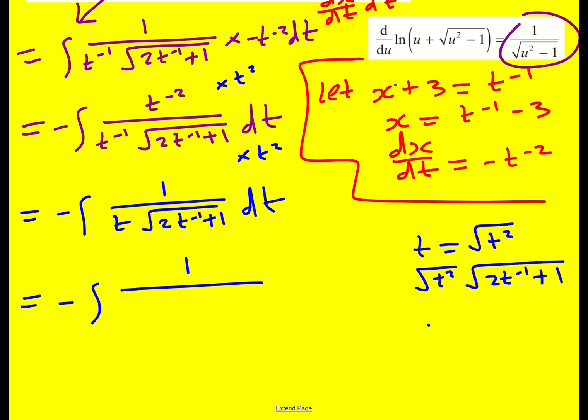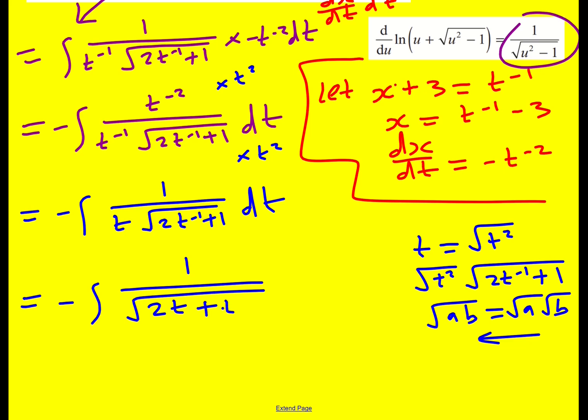And I can bring these two together because root AB is root A root B. So that's going to give me root 2t plus t squared, because I've times the 2t to the minus 1 by t squared within the root, and the 1 by t squared within the root.